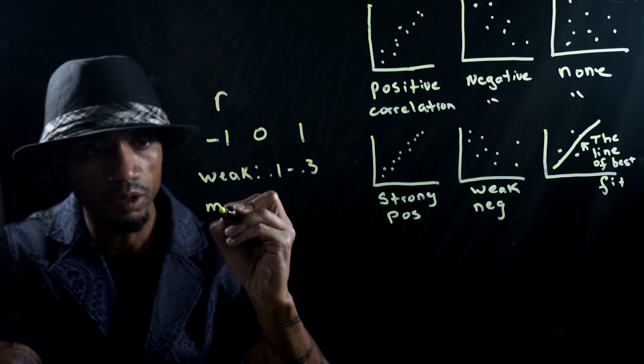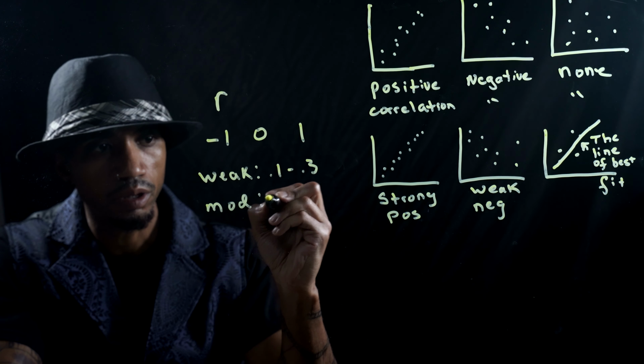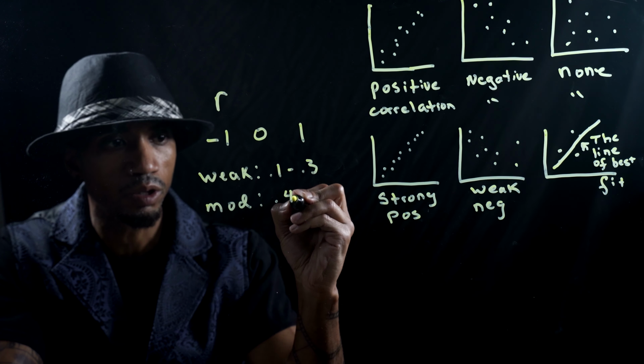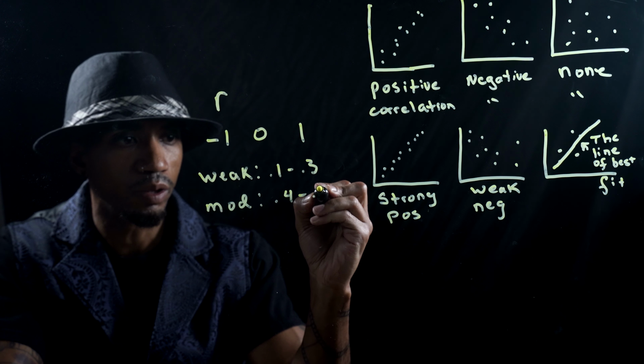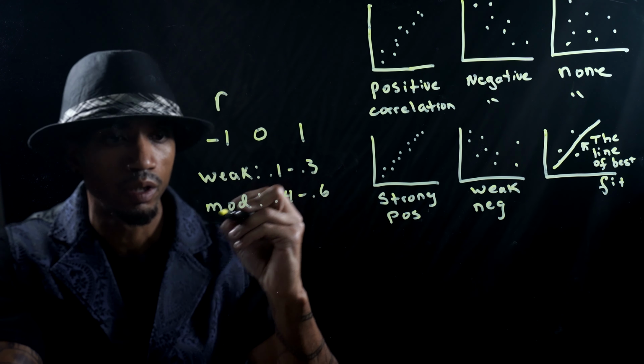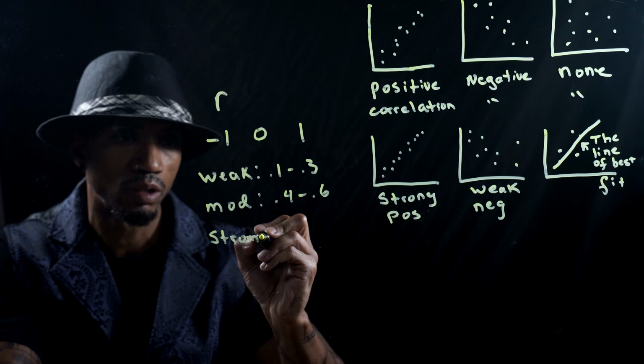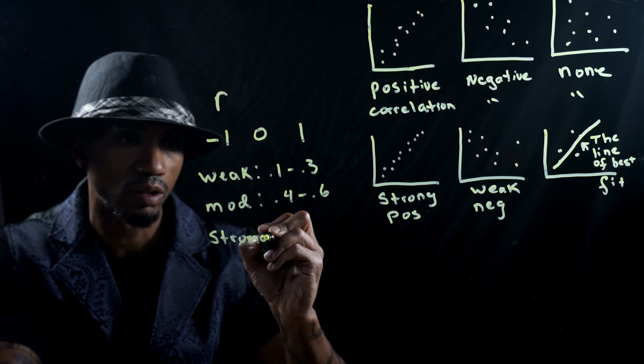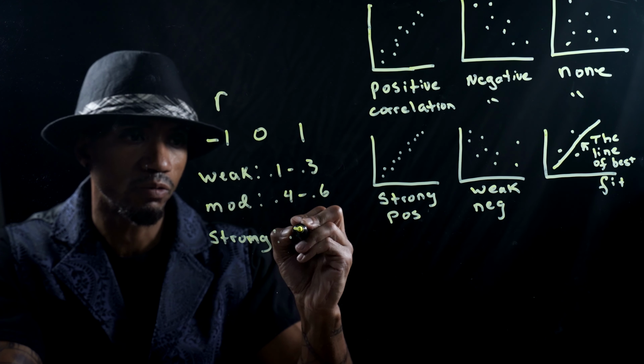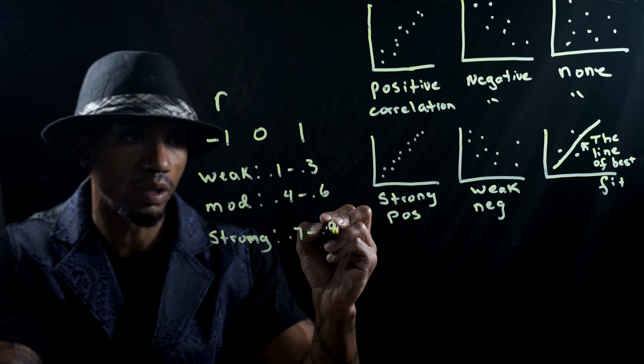If it's moderate, then that would be about 0.4 to about 0.6. And then if it's strong, it would be about 0.7 to 0.9.